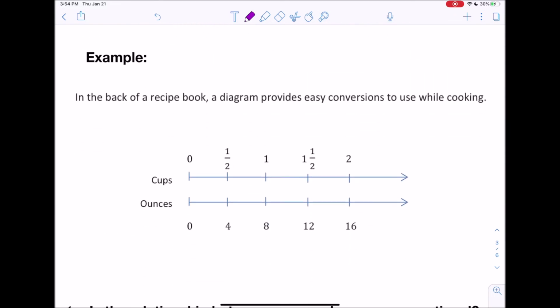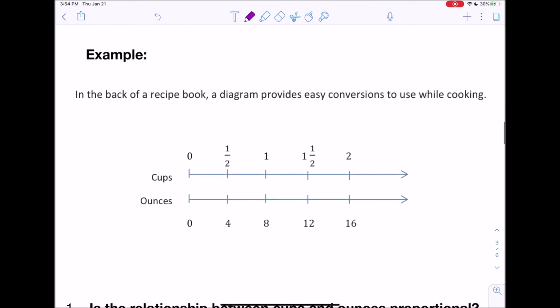In this example, it says, in the back of a recipe book, a diagram provides easy conversions to use while cooking. So according to this book, 0 cups is 0 ounces, makes sense. A half a cup is equal to 4 ounces. 1 cup is equal to 8 ounces. 1.5 cups is equal to 12 ounces.